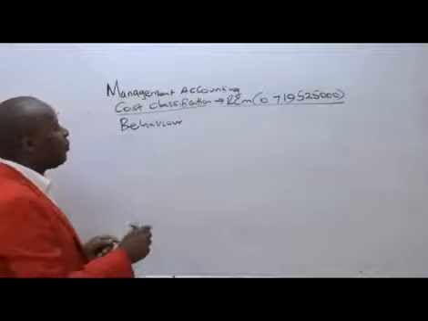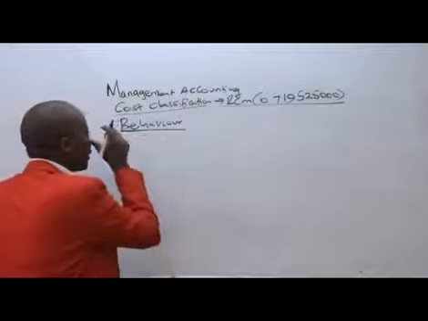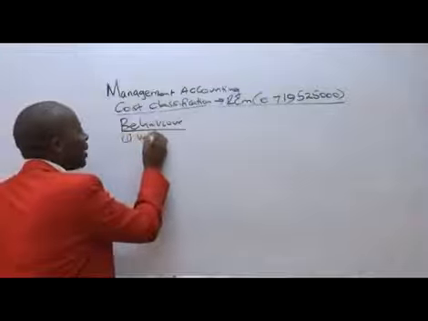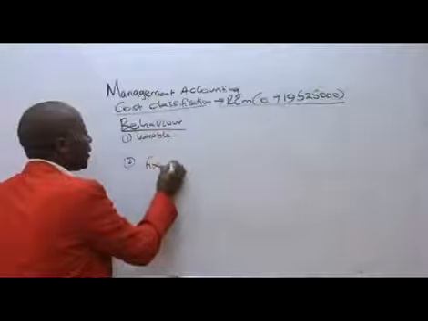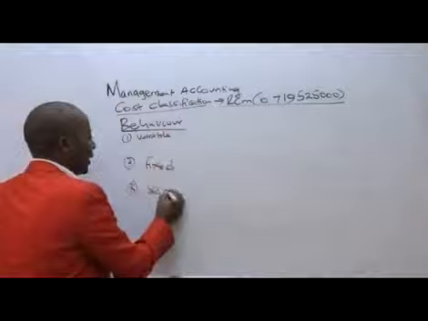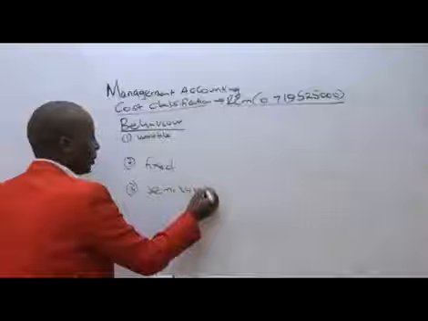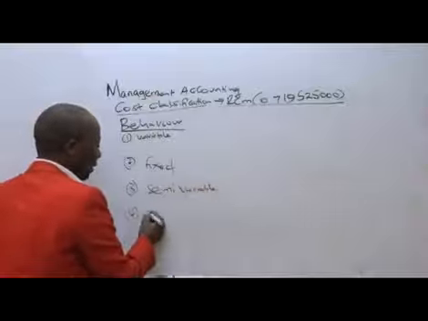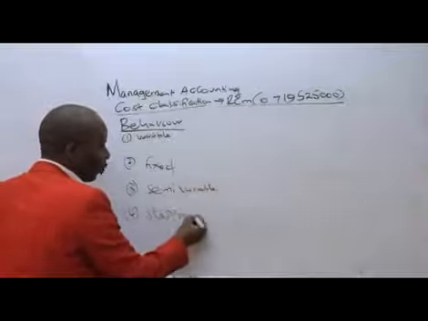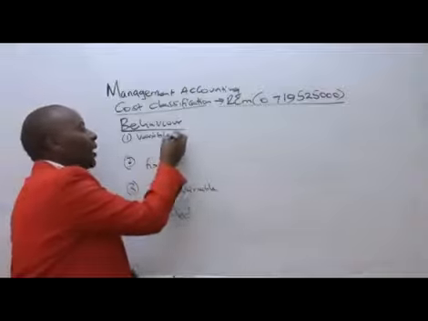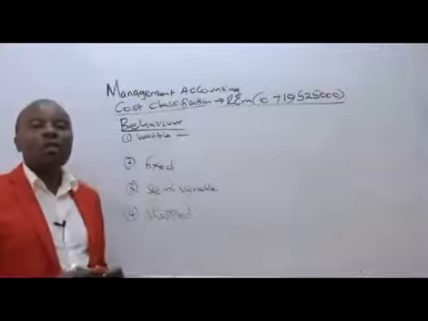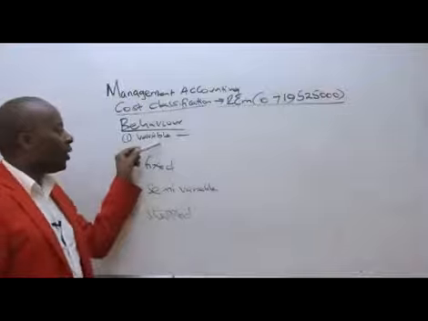So in terms of behavioral classification, ladies and gentlemen, we have costs that are variable. We have costs that are permanently fixed. We have costs that are semi-variable. We have costs that move forward in the form of steps, what we call the stepped fixed cost. Ladies and gentlemen, variable cost, I would want you to appreciate from the word vary.